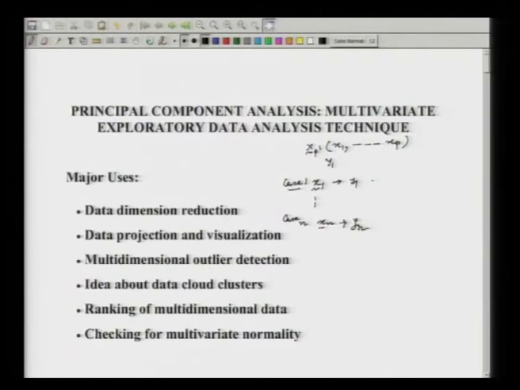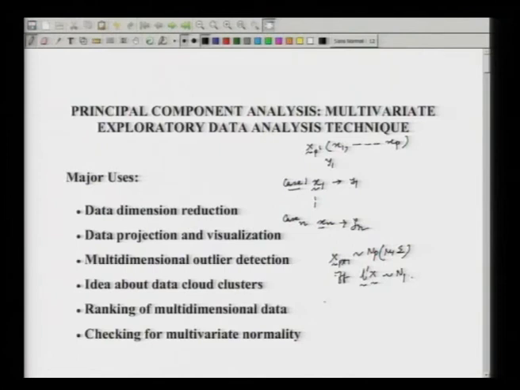Similarly, checking for multivariate normality. By definition, x follows a multivariate normal distribution, normal p mu sigma, if and only if every linear combination of x, that is L prime x, follows a univariate normal.